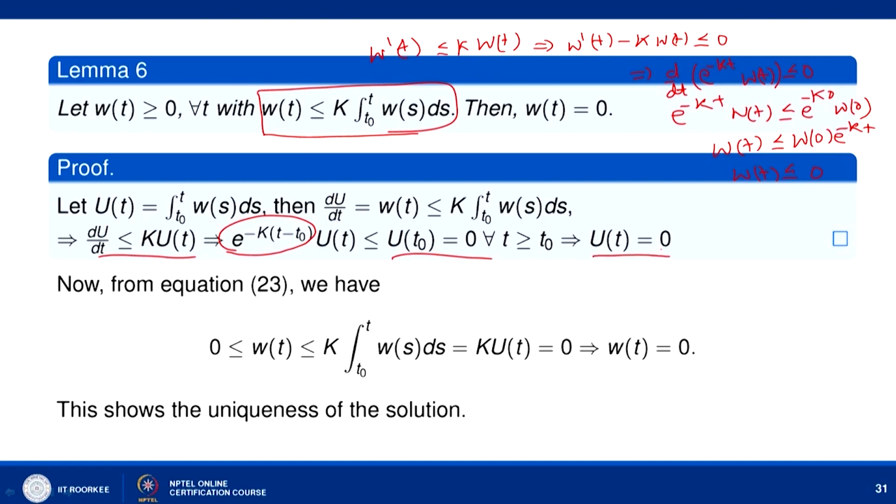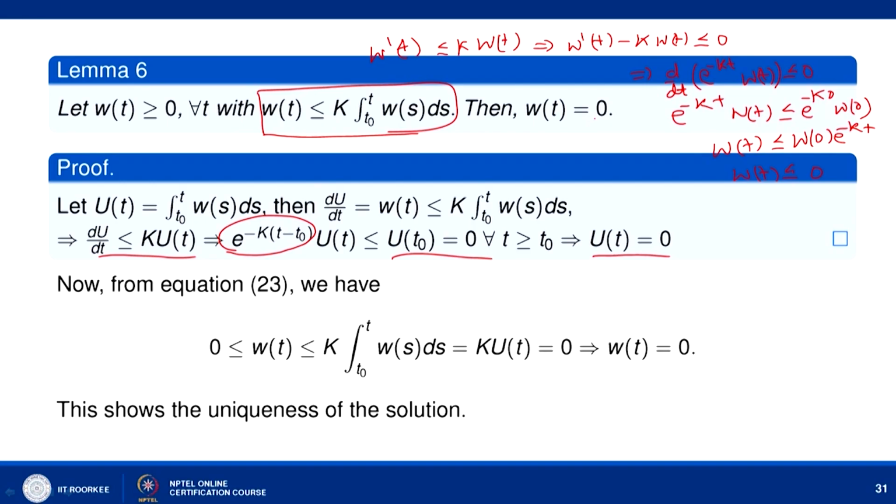So, u(t) is equal to 0. This is possible only when W(t) is 0. So, what we have proved is that if W(t) is a non-negative function satisfying this inequality, then W(t) is equal to 0 only.